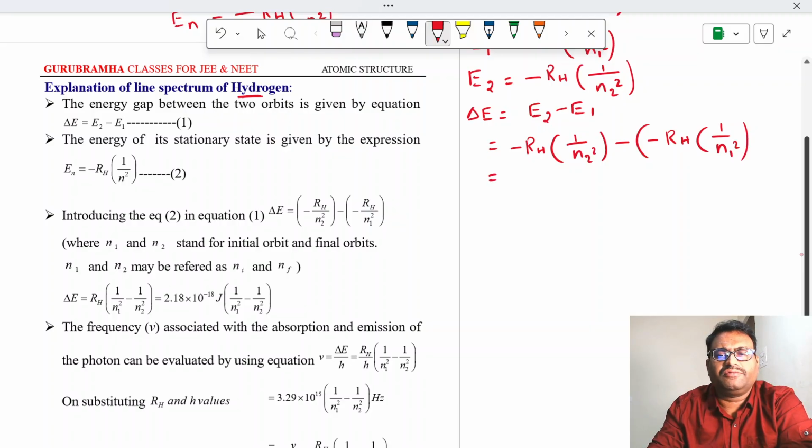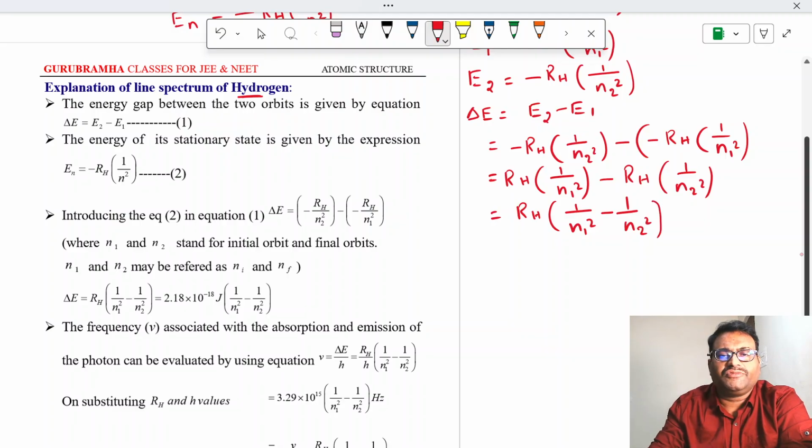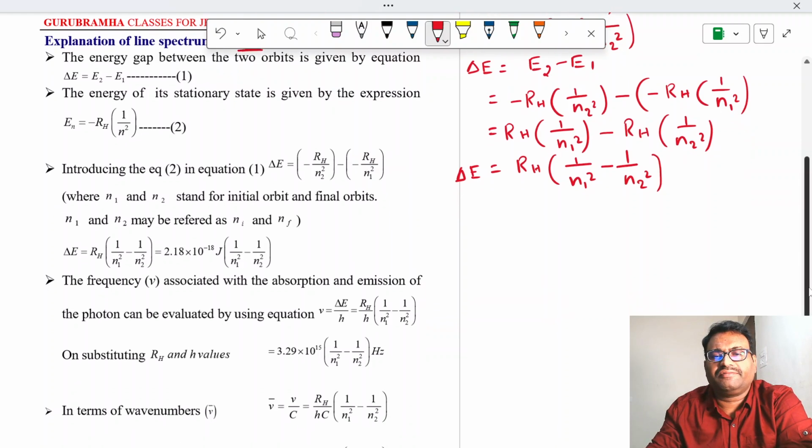That is equal to, minus into minus becomes plus, RH 1 by N1 square minus RH 1 by N2 square. That is equal to RH into 1 by N1 square minus 1 by N2 square. What is this? Delta E.